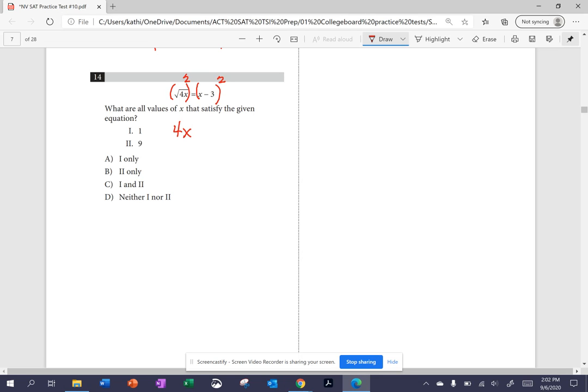So the left side is 4x equals x minus 3 times x minus 3. I'm going to double distribute. So I get 4x equals x squared minus 3x minus 3x plus 9.